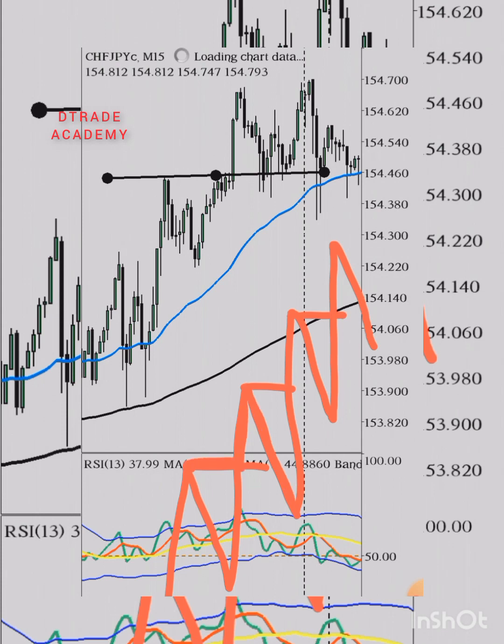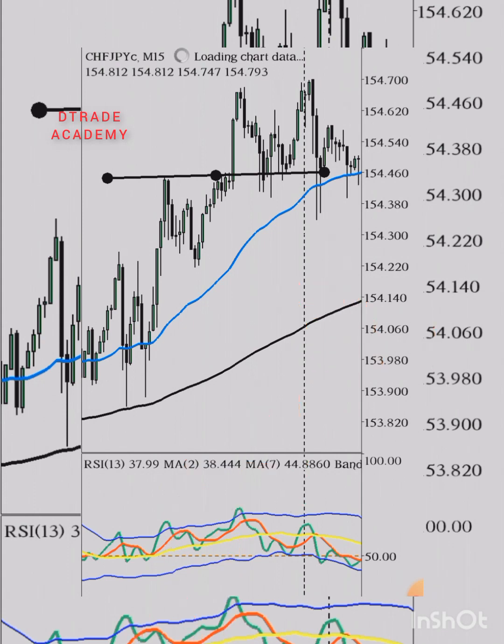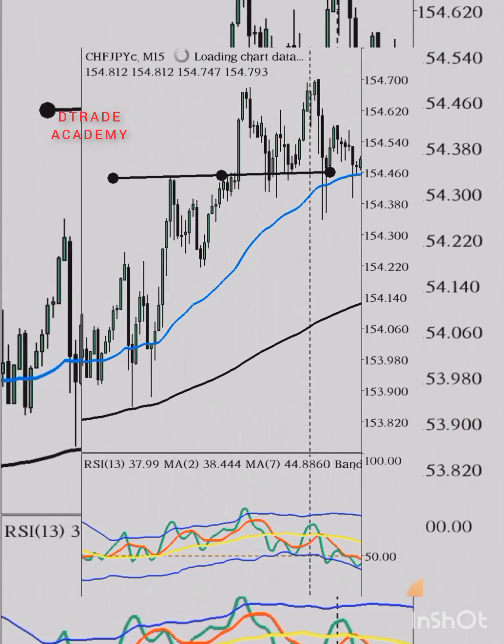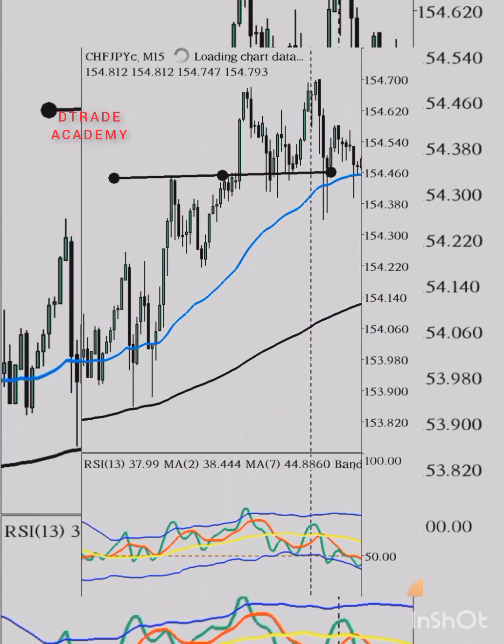So the second phase is the retracement phase. A break of this high, then we see a retracement. A break of this high, we see a retracement. So the second phase of the market is what we can term a retracement phase.